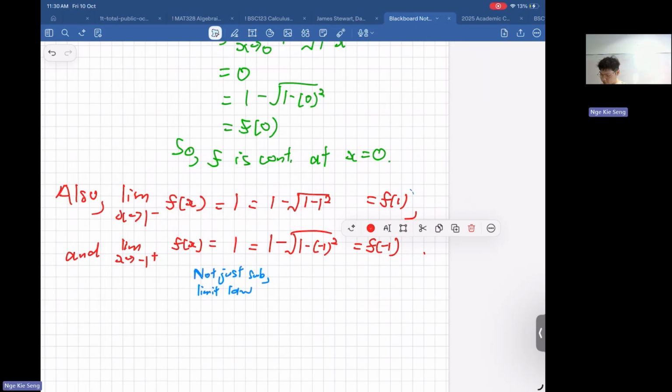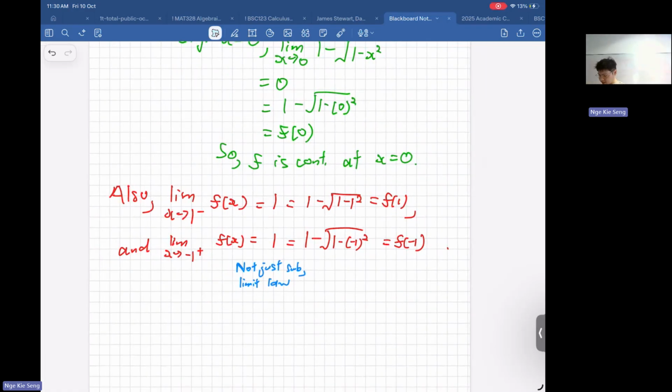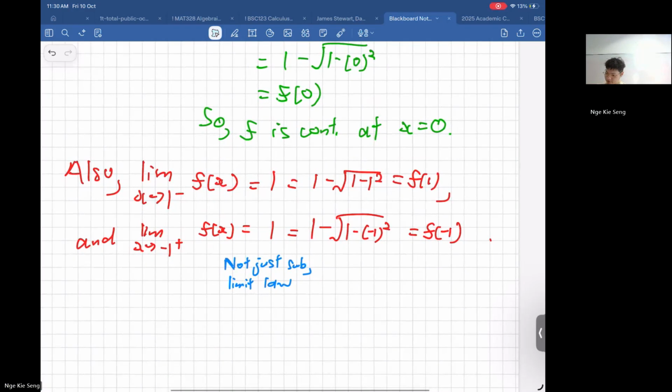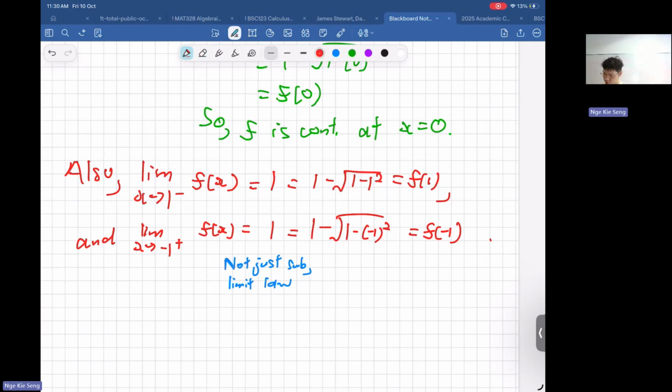I don't want to do a hack here. I don't think we can just go straight away to substitution. We should either do limit law or we do the whole method, which is by checking.